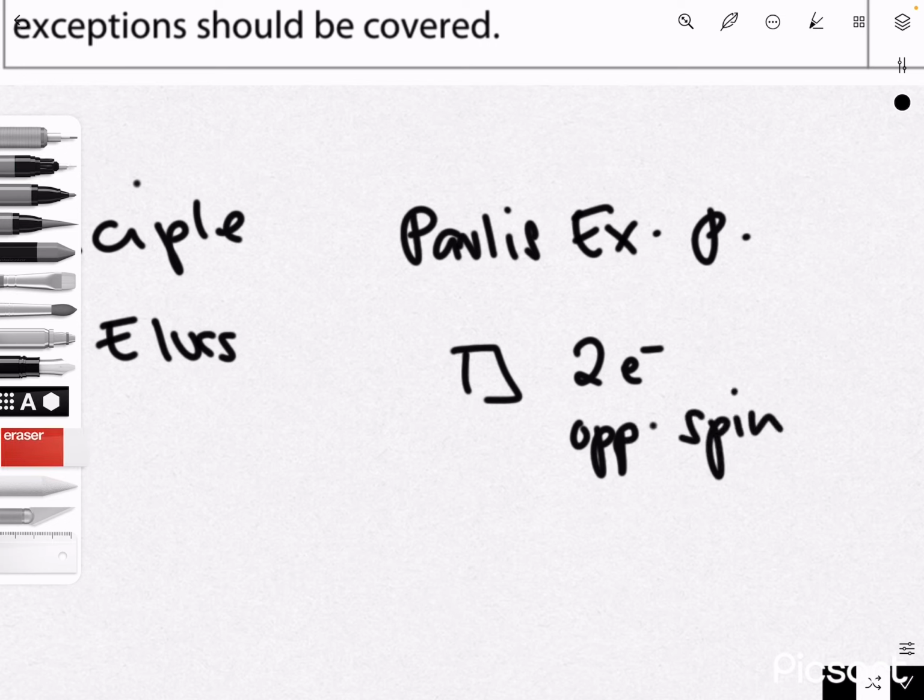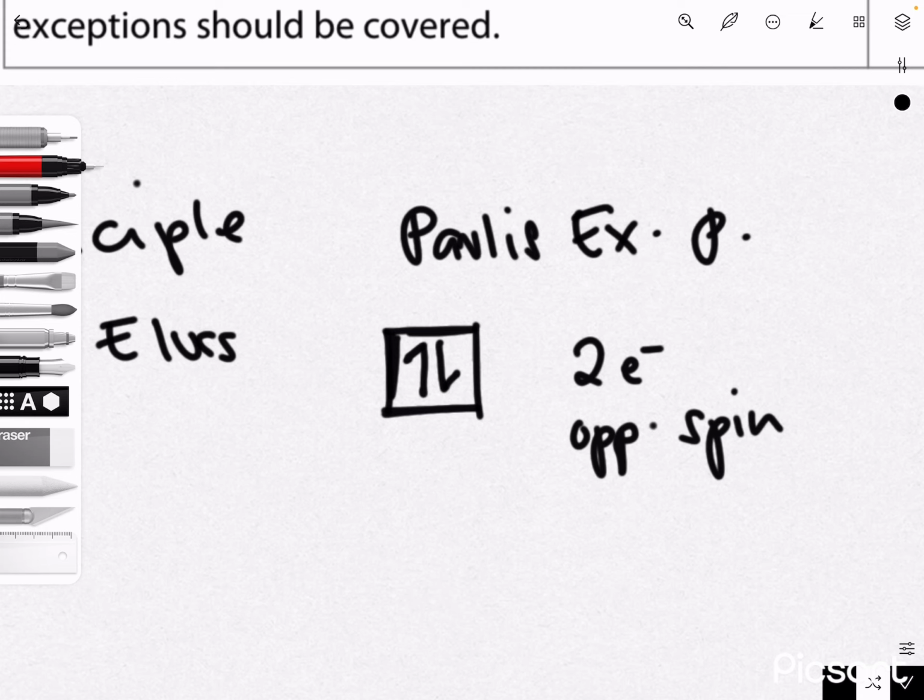And how we represent that would be in our little square, our box representing an orbital, we'll have one arrow going up and one going down. Each one of these arrows represents its own electron.